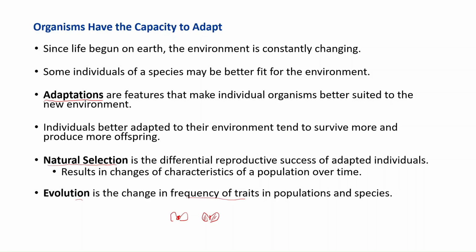So before the Industrial Revolution, there were more light color moths. Then the Industrial Revolution came, there were no rules about pollution, and the tree trunks turned black. Now it was easier to eat the white moths, so the ratio changed from mostly white moths to mostly dark moths.